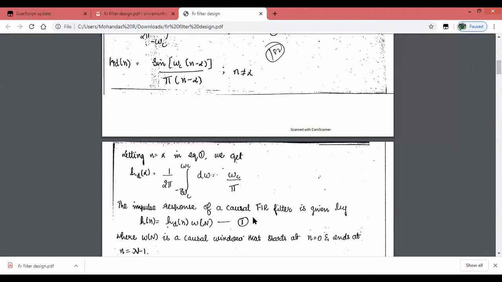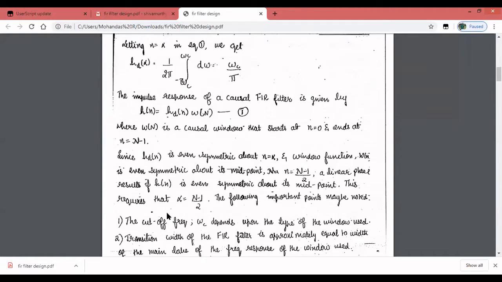Then whether it is symmetric or unsymmetric, depending on the type of function, we have to check whether it is symmetric about n equal to alpha or not. Since h_d of n is even symmetric about n equal to alpha, and the window function w of n is even symmetric about its midpoint, the midpoint being calculated by the simple formula n equal to N minus 1 by 2, a linear phase results.